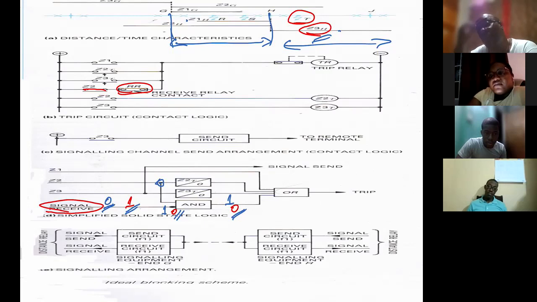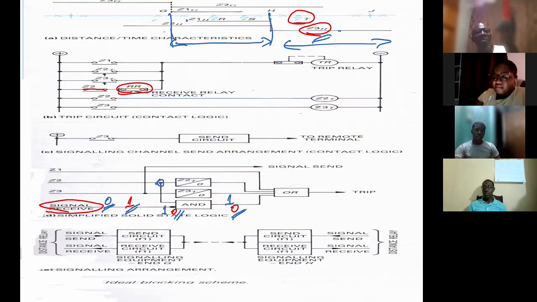I also have to be sure that I am to receive nothing. And so, whilst I get the zone 2 signal, I just wait a little bit to ensure that nothing is supposed to come. So just in case the nothing took a little longer to arrive, I have a short time delay. So all of those are built into the reverse, into the blocking scheme to prevent incorrect operation.